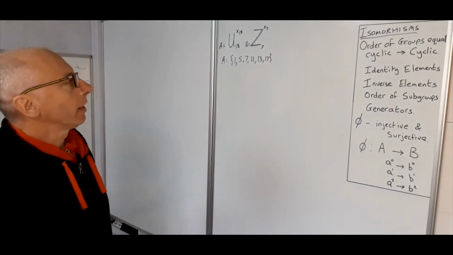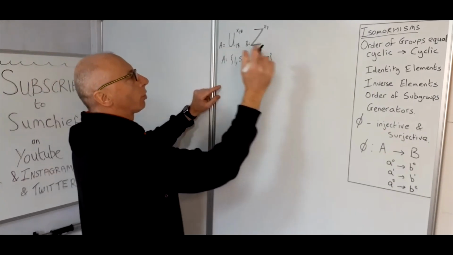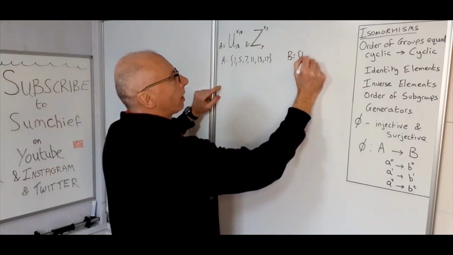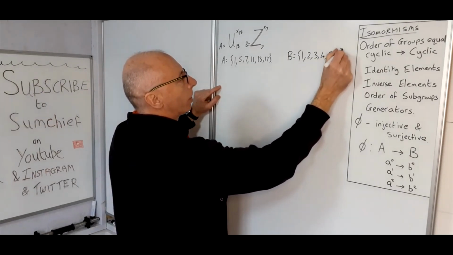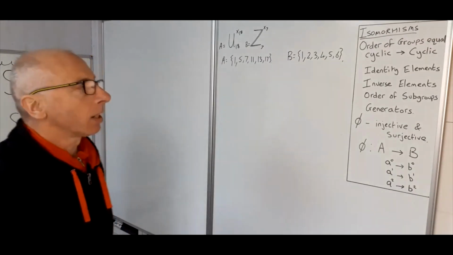So group A has order 6. So let's have a look at group B. Group B is just simply the integers from 1 to 6. So this one also has order 6. So the order of the groups is equal.